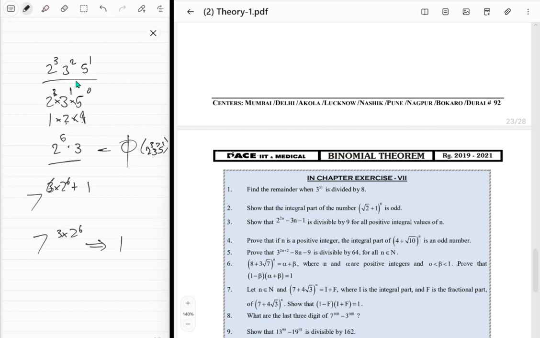So now if this is like 6 into 2 power 6, what we can do is write this thing as 7 times 7 to the 6 into 2 power 6, and then use the fact that this is going to give us remainder 1, because it's like 7 into 3 into 2 power 6, that whole thing squared.